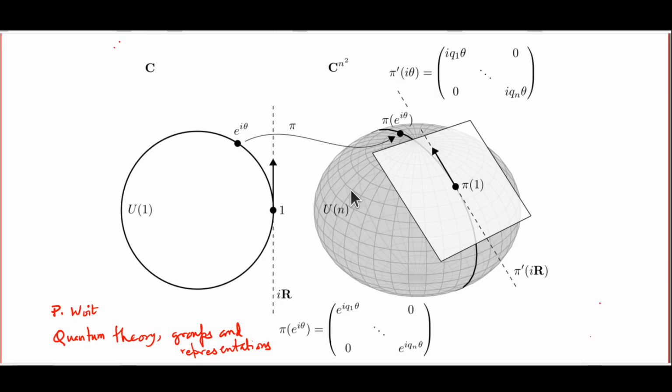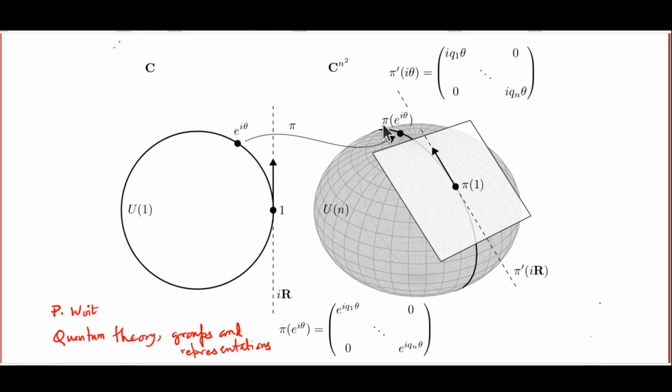Now UN does not have a very nice geometrical representation that we can draw, so this thing here is only schematic. We are just trying to visualize UN as a kind of object which is really not three-dimensional in general. In fact, we will calculate what its dimensionality is. But basically what this does is give rise to a unitary matrix.